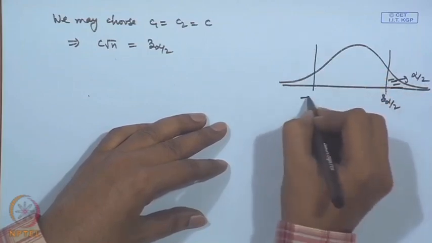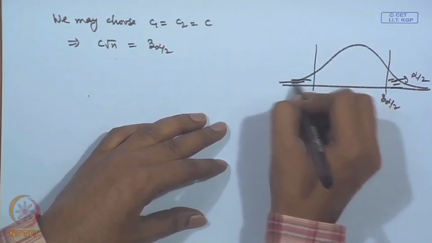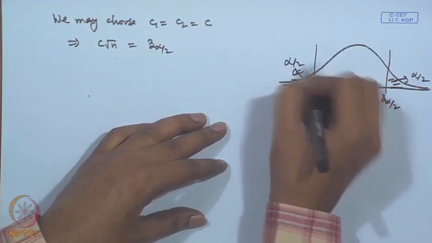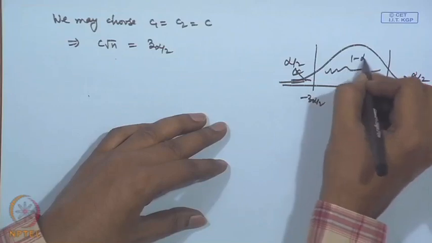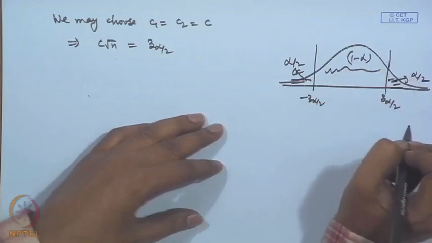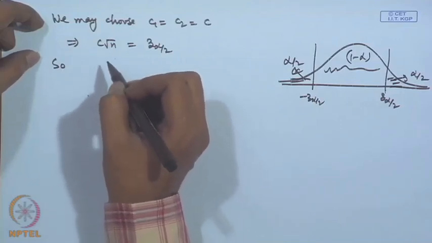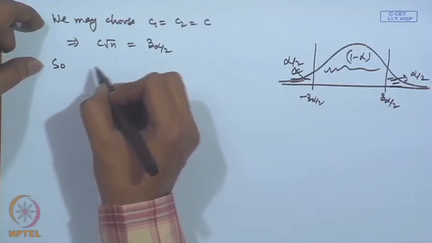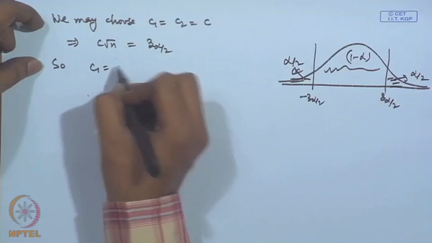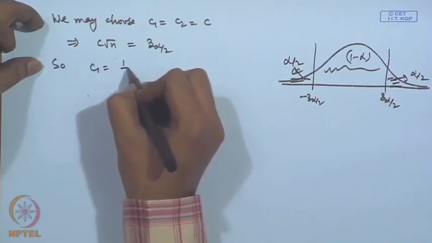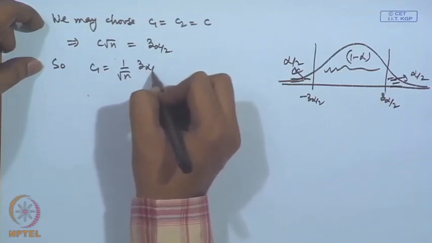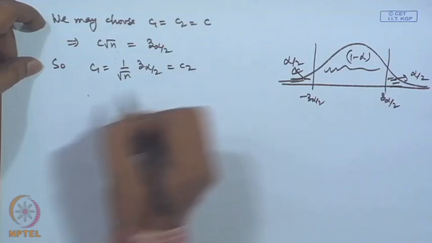So, minus z alpha by 2 is the point where this probability is alpha by 2. So, in between probability is 1 minus alpha. So, we are getting here that C 1 is equal to 1 by root n z alpha by 2, that is equal to C 2.